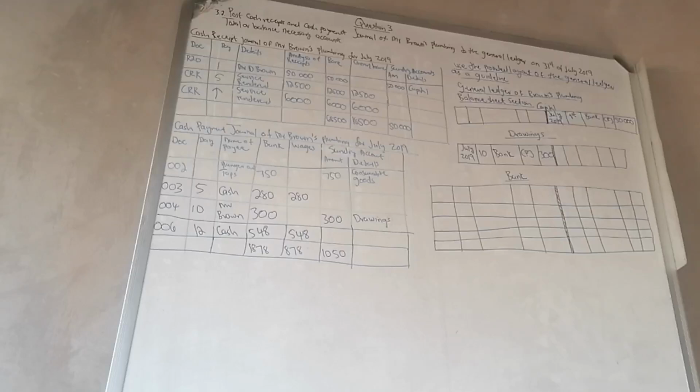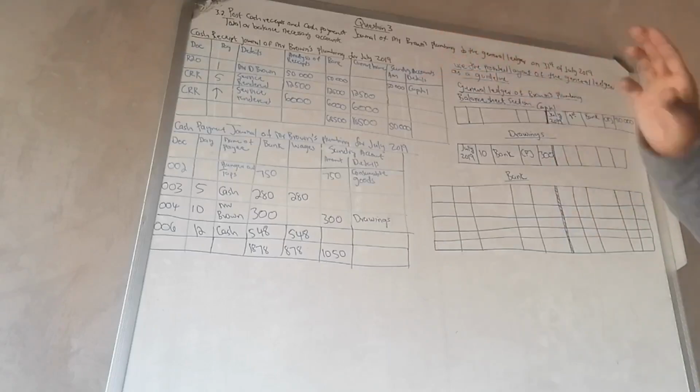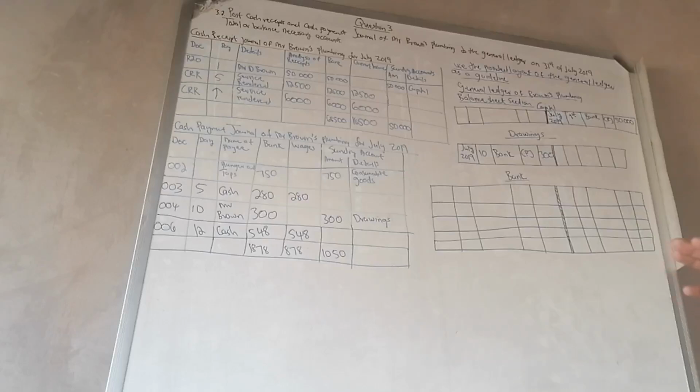Now, my question. These are all the transactions that we have on the bank, in the bank column. Right, we have the bank transactions, all the amounts that we have on the bank.